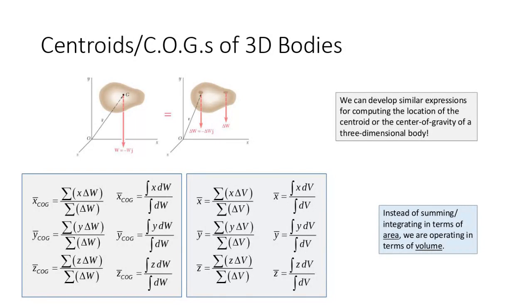There's the rubber that makes the tires. There's all sorts of different materials. So a centroid is not really very descriptive, because each of those different materials are going to have different densities, different unit weights, etc. So the center of gravity really makes the most sense, and that's why we would express that in terms of weight. In dealing in 3 dimensions, admittedly, I'd say center of gravity is probably the term that's used the most.